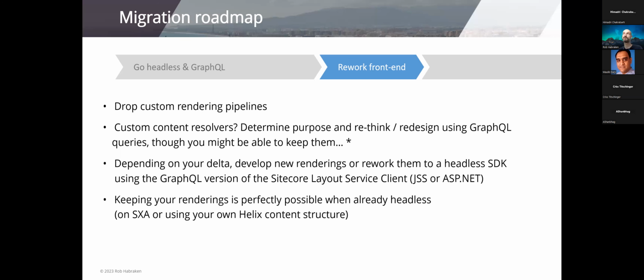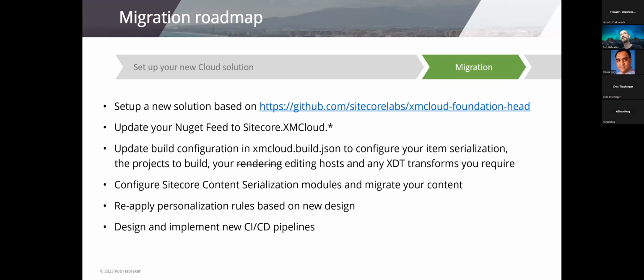So that's cool. And then the last step is to set up a new solution based on the XM Cloud Foundation head, which is the kind of boilerplate you're going to start working from. And you need to update your NuGet feed of your custom projects built on Sitecore with the XM Cloud feed, and start configuring your implementation of XM Cloud build JSON, which is used to configure which projects are included in the build, because they need to be built on XM Cloud as well.